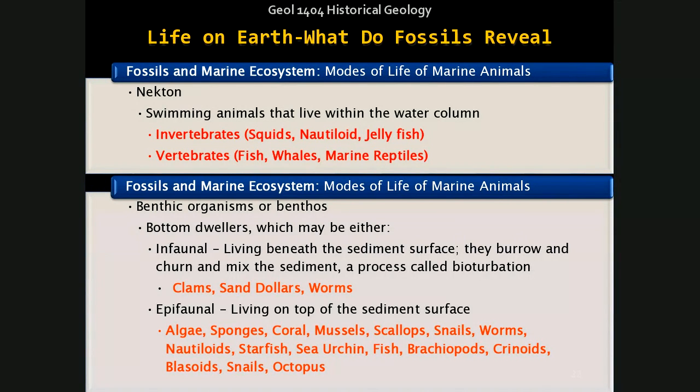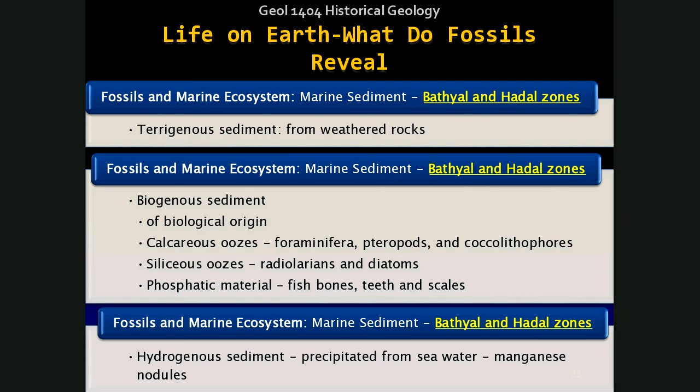And some like algae, sponges, coral, brachiopods, crinoids, blastoids are epifaunal, that is, they live on top of the sediment surface. So that's about benthic, nektonic, and planktonic organisms.